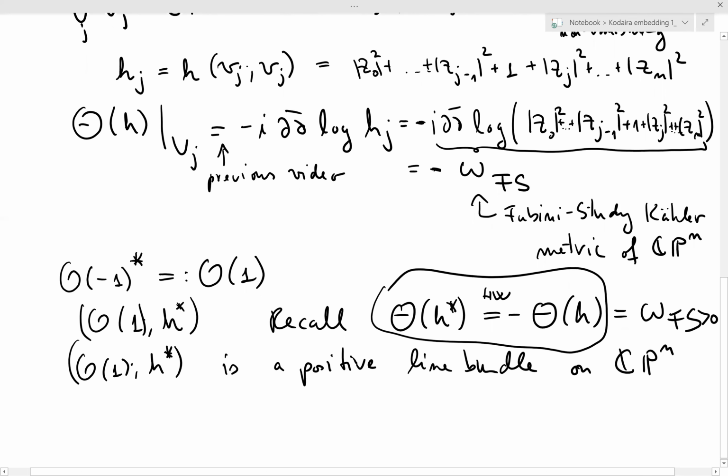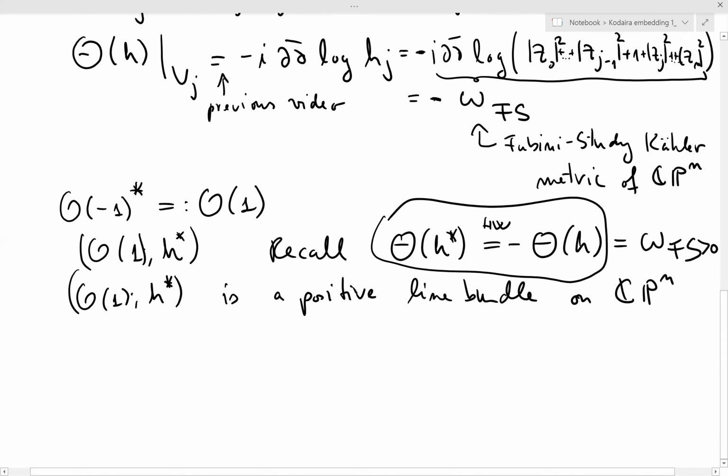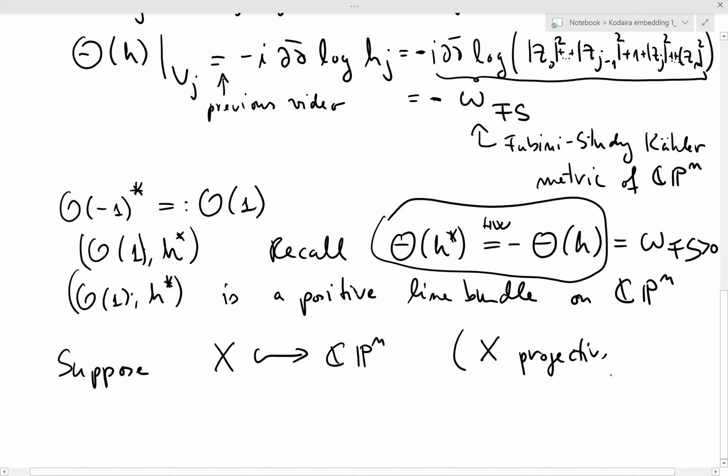Okay, so now we get to projective Kähler manifolds. So suppose X is embedded into CP^n. Such things by definition are called projective manifolds.